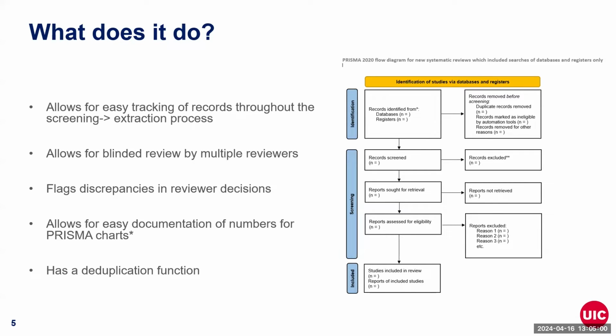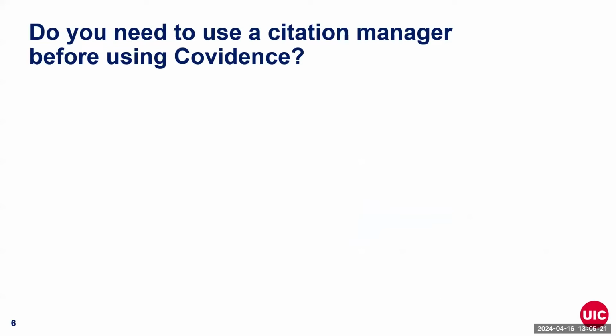It allows for easy documentation of numbers for the PRISMA chart, with a little asterisk on that, which we'll be talking about later, but it does a lot of that work for you. It also has a deduplication function built in. So that's a lot of the different features of Covidence.